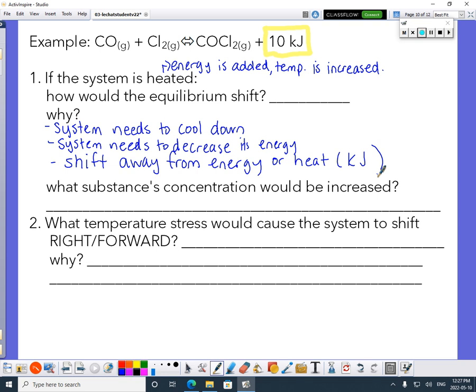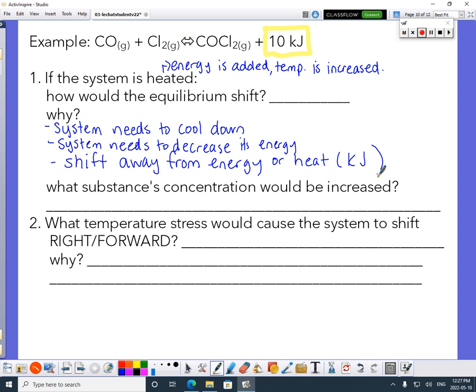So this is why a thermochemical equation where the energy value is actually in it already can be a better option than having the delta H separately. So here, this is exothermic because the energy is a product, but that doesn't really matter. You don't need to label it as exothermic, but we do need to think about if the system is heated, then it needs to shift away from the heat or it needs to cool down.